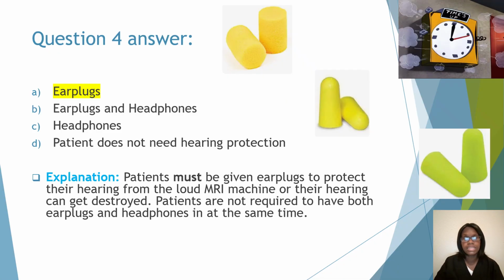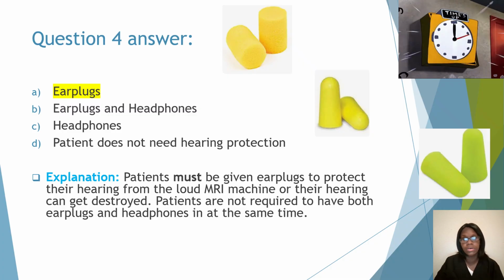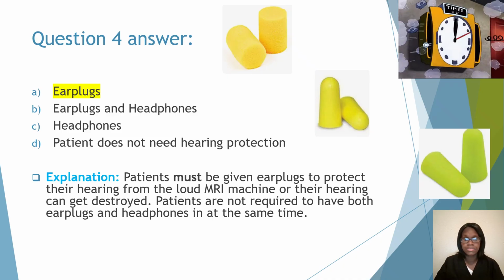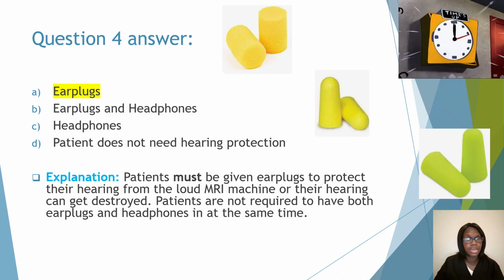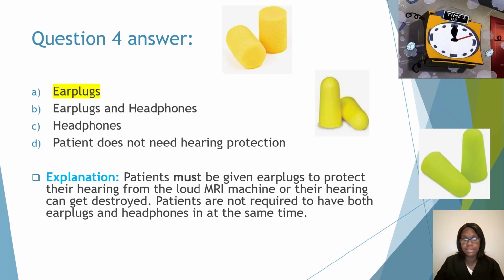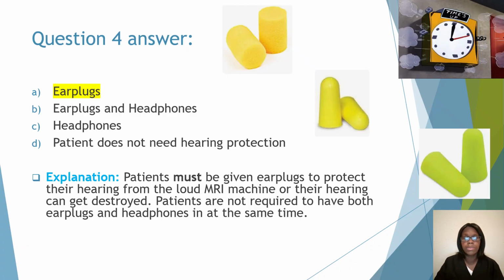I've had patients say, I've lost most of my hearing, or I'm deaf in one ear, or I have terrible hearing in the other ear. I still give them earplugs because you never know if they are deaf or not. If they tell you this and you end up not giving it to them and they really lose their hearing, then you can be sued.